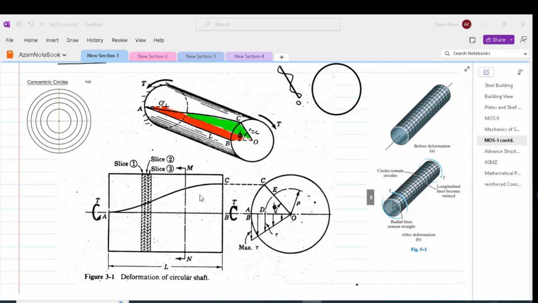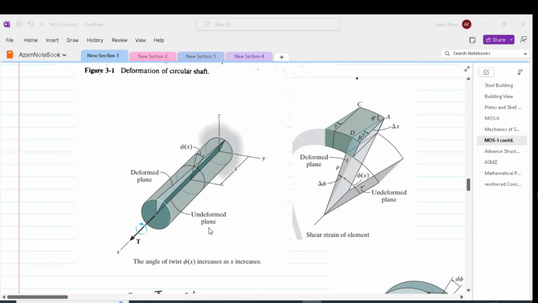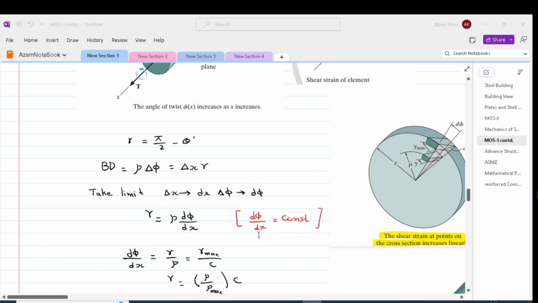Because of this type of deformation, our angle d phi, which is in the radial direction, and dx, which is in the longitudinal direction, their ratio will stay constant. So no matter which radial line we take, the ratio of d phi by dx will stay the same.